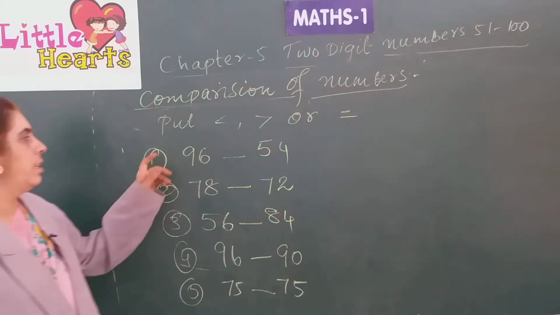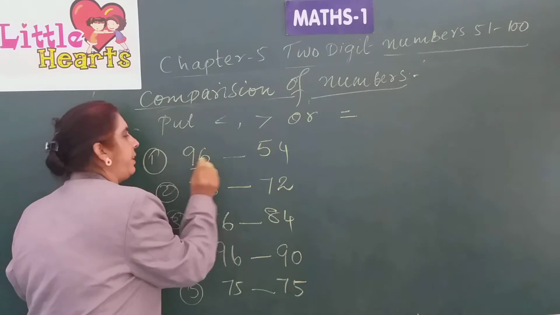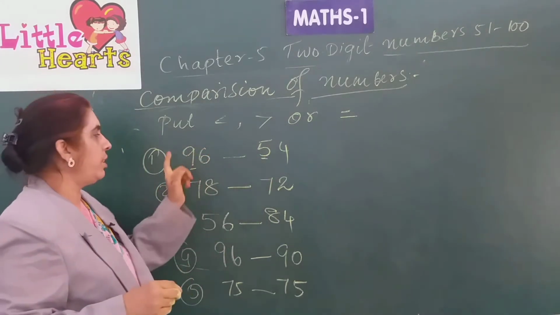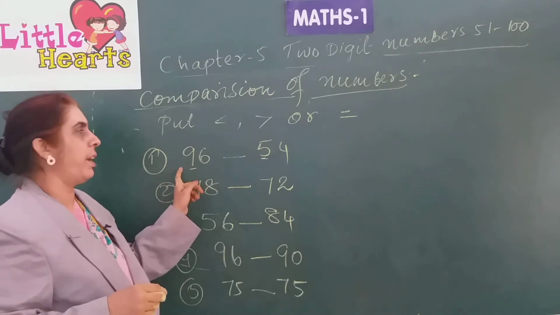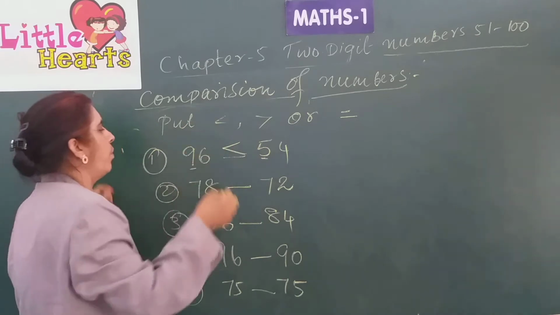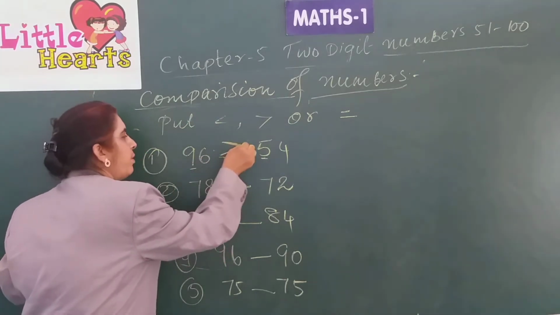See here, 96, 54. Now check the tens place digit first. 9 and 5. Which is big? 9 is big. So 96 is greater than 54.